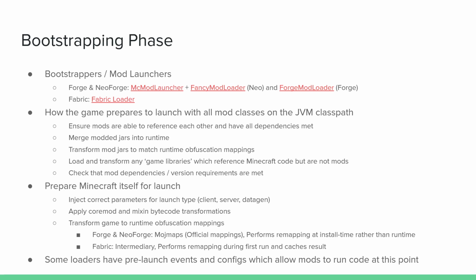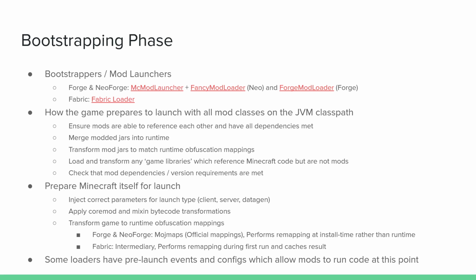So it's providing the right startup arguments, applying the core mods, mixins, access transformers, updating the mappings of the game. So on Forge and NeoForge, the game gets transformed to Moj maps, or official mappings, Mojang mappings. And it does that at install time. So when you use the Forge installer, it replaces the jar with a new one that's remapped.